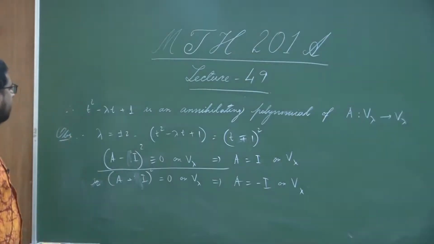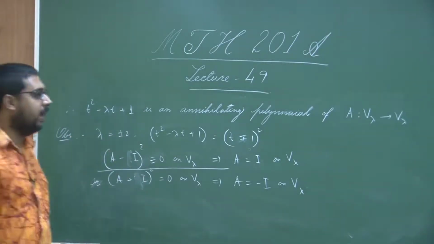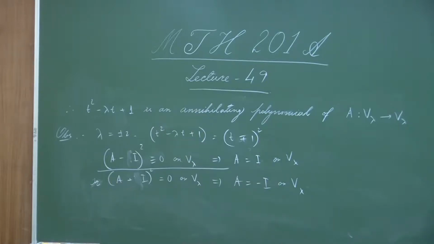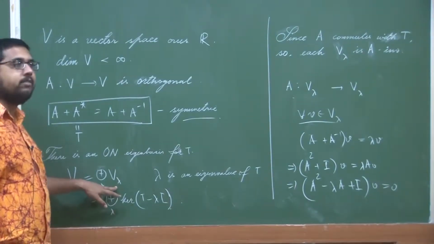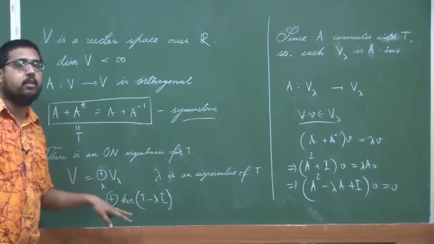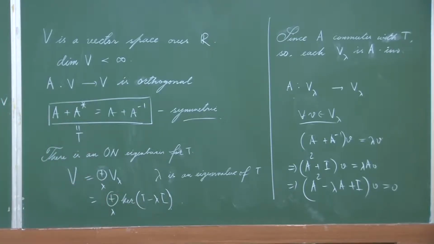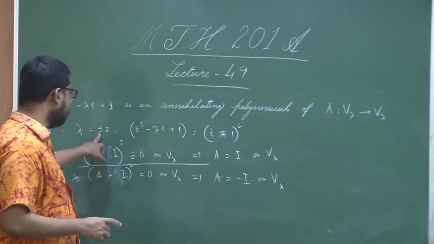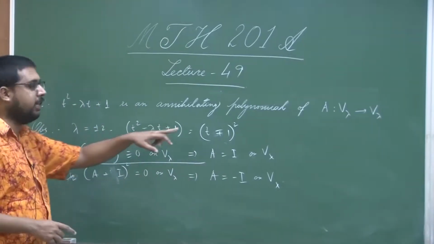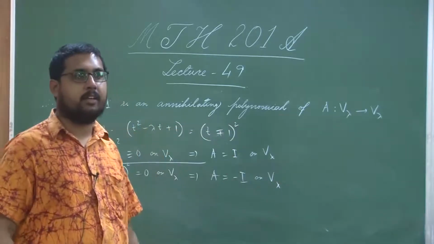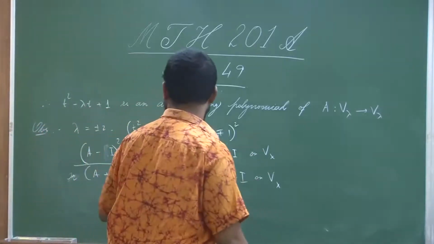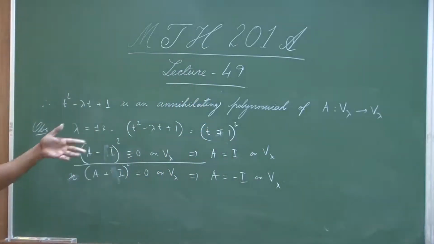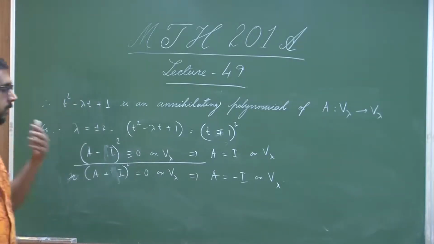So, thus what we have seen is if lambda here is plus minus 2, then A acts on V lambda as plus minus identity, okay, sorry, minus plus I think.